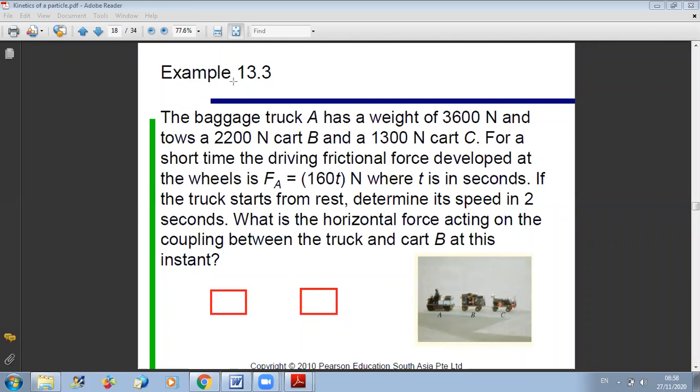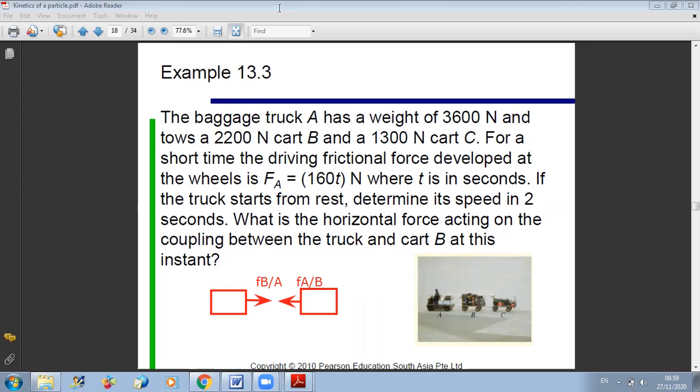Because by action-reaction, if B is doing on A a force, then A will do on B a force that is equal in magnitude but opposite in sense. So this is F of B on A, and by action-reaction this is F of A on B. If you take A or B, you will obtain the same magnitude of F, which is the coupling force between the two.